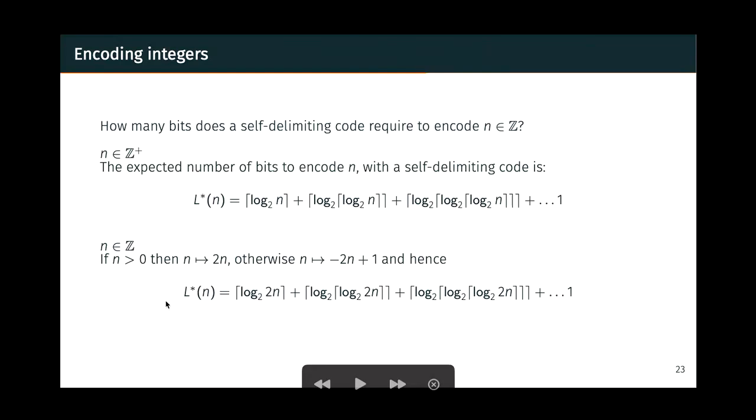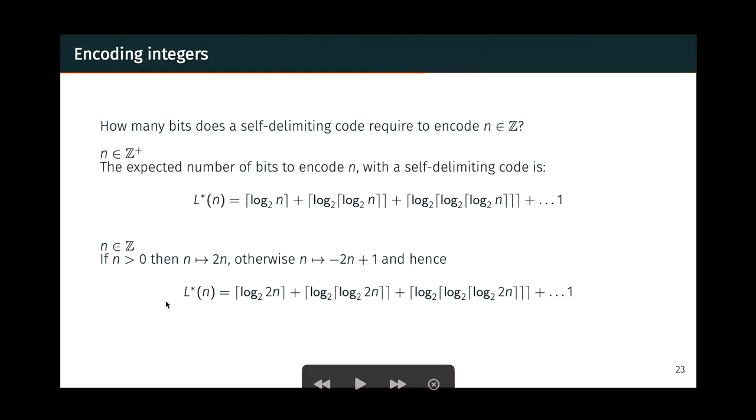But first I need to tell you how many bits I was using to encode that integer. So I need to send you that integer, which is the length of the code for the first integer. But then before I send you that second integer, I need to send you the length of the code for the second integer, which is a third integer, and so on and so on and so on. So I've got some way of encoding an integer, and it takes log 2 bits.